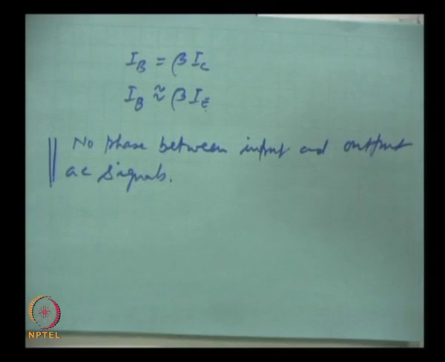That means amplitude and phase of output is same as the amplitude and phase of the input signal, and that is the reason from here the name comes emitter follower. The emitter follows the input signal in phase and magnitude, and hence there is no phase reversal.